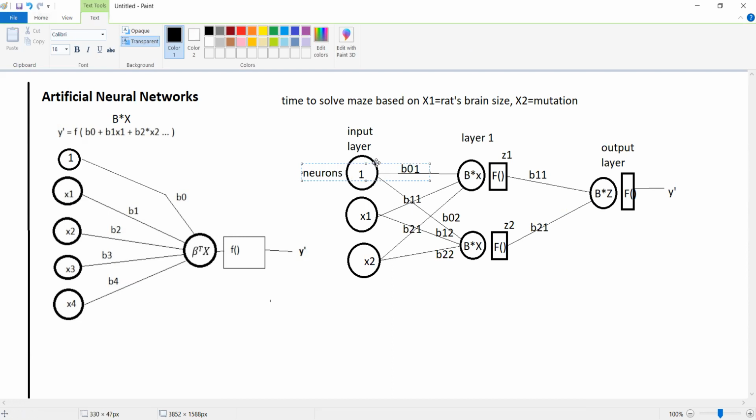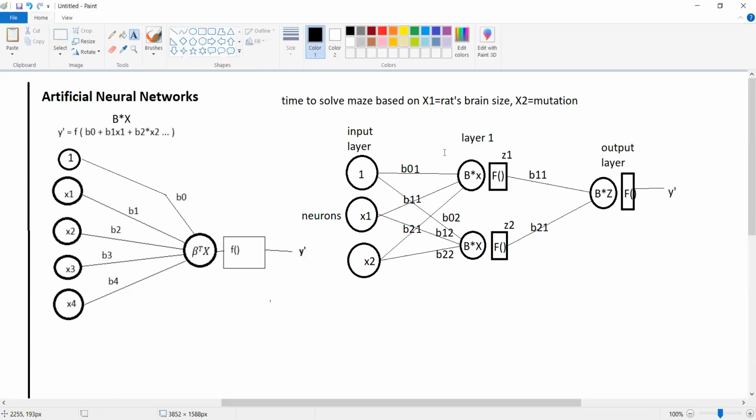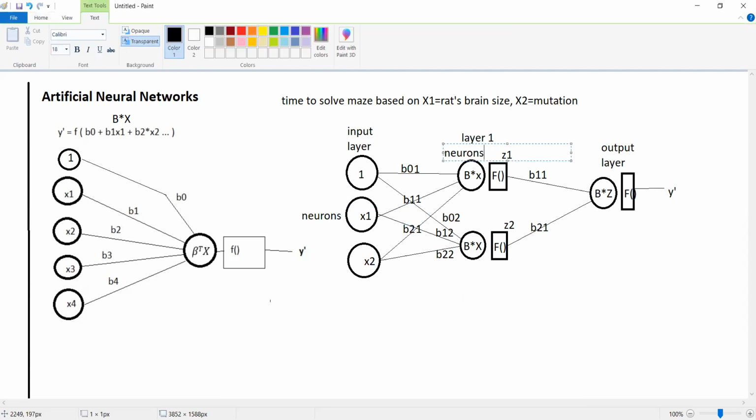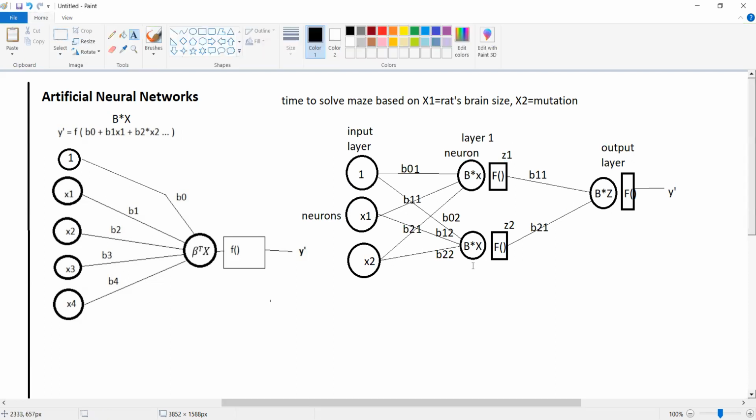The circles, yeah. So this is a neuron, which is a number that we measured, right? Because X1 is the rat's brain size. But then this is a neuron, which is not a number that we measured. It's a number that is the linear combination of features times weights, right? And this is the output neuron.